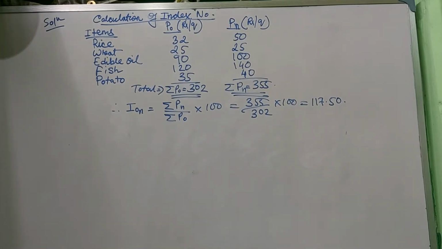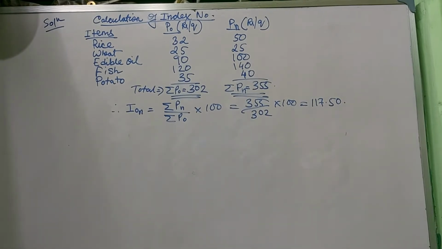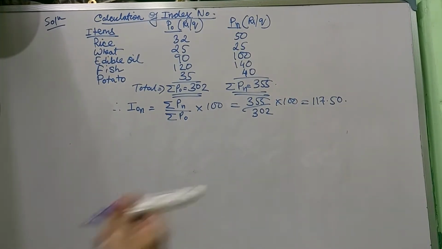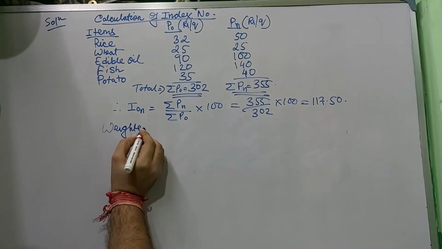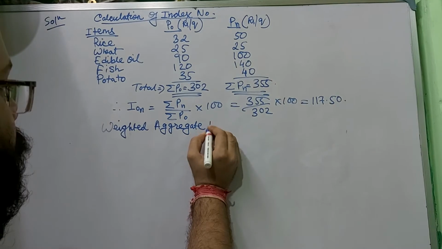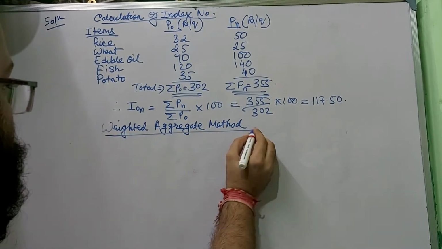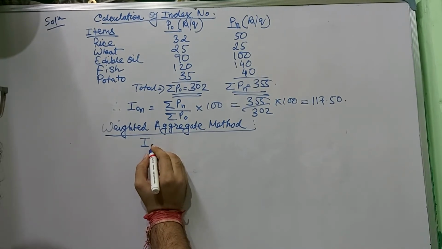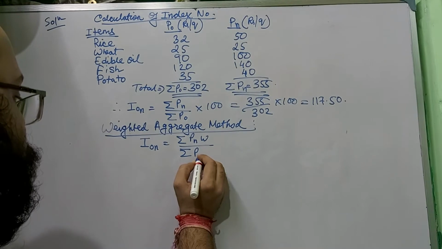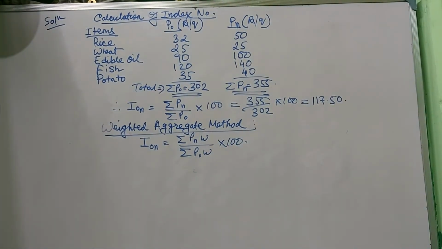For the weighted aggregate method, the formula provided is I0n is equal to summation of PnW by summation of P0W into 100, where W is considered as weight, Pn is the current year price and P0 is the base year price.